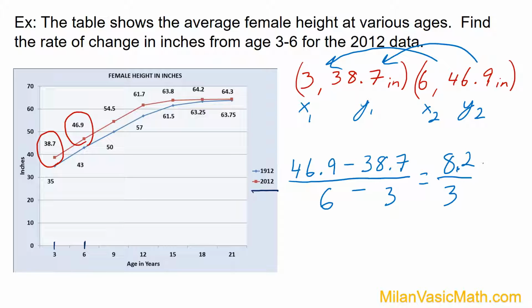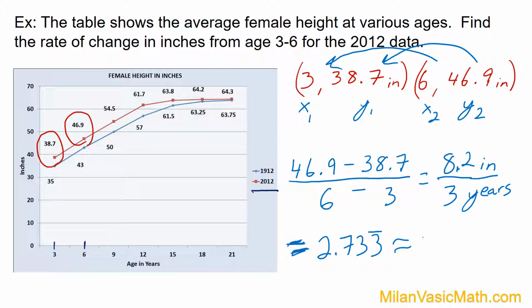So it's 8.2 inches in 3 years. All right. Divide that by 3 again. Try without a calculator. You get 2.733. Actually, that 3 repeats, so this does equal. But I will estimate for my answer.